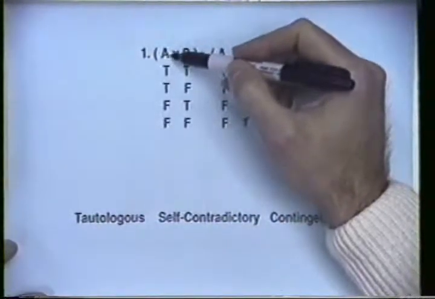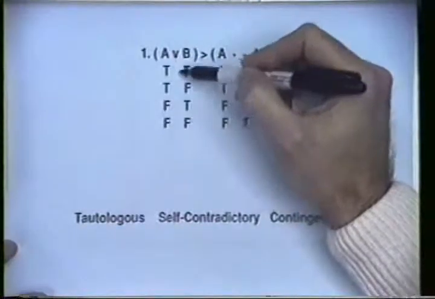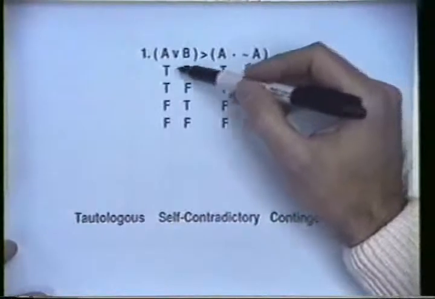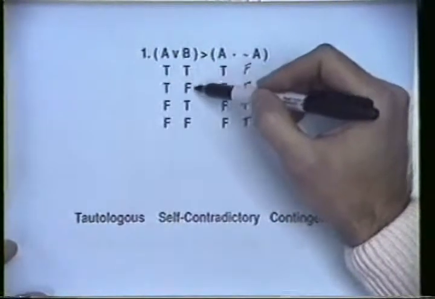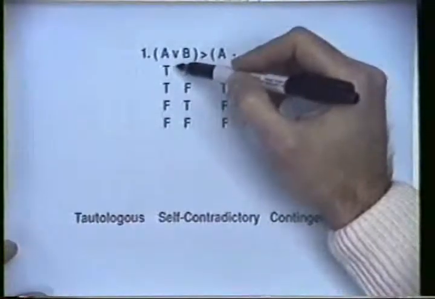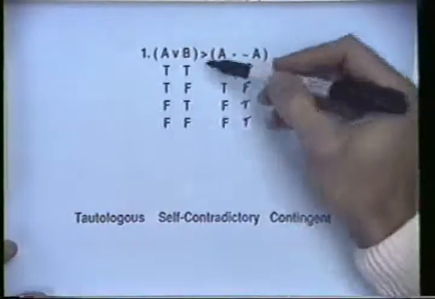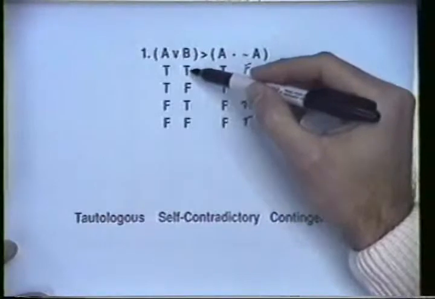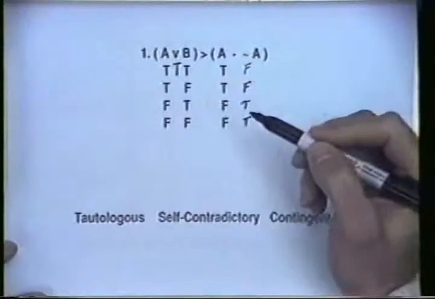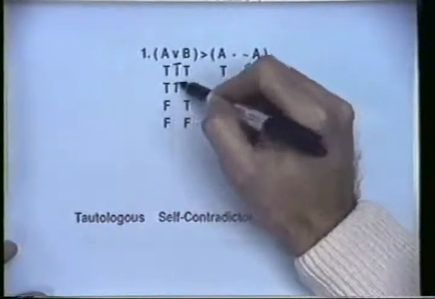We have to generate a column under the OR sign, which in effect gives us the result of disjoining the two truth values that we see on each of these rows. So think of the characteristic truth value for the disjunction. If you bring together a true and a true, true or true has the resultant truth value true. True or false, true.